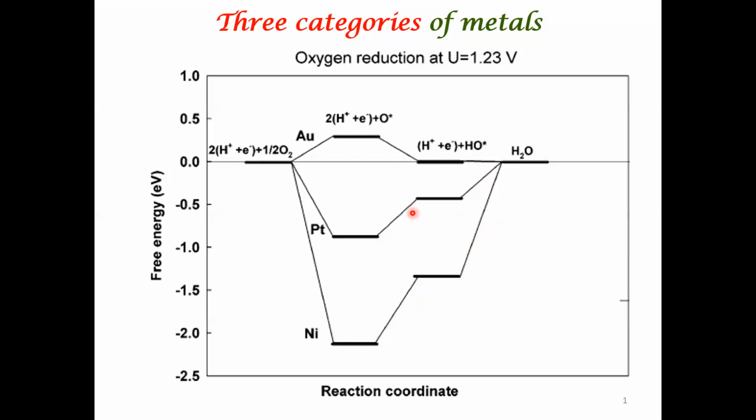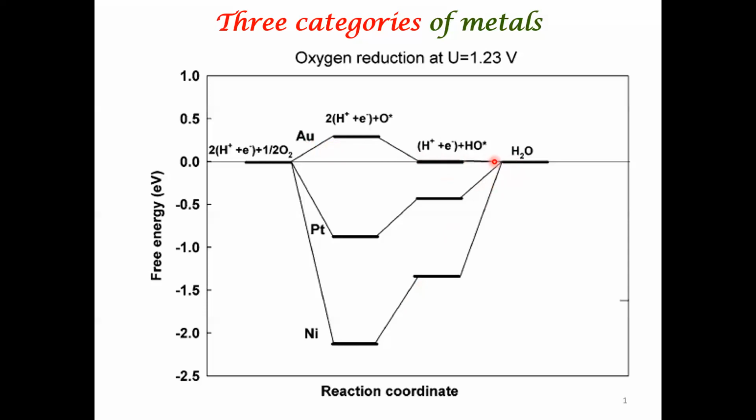However, for gold, the first step will not even happen. The activation barrier is very high there, but these two steps have no or very little activation barrier. So for nickel, the first step is very easy, but the two subsequent steps are very difficult. For gold, the first step is very hard, but these two are relatively easy.